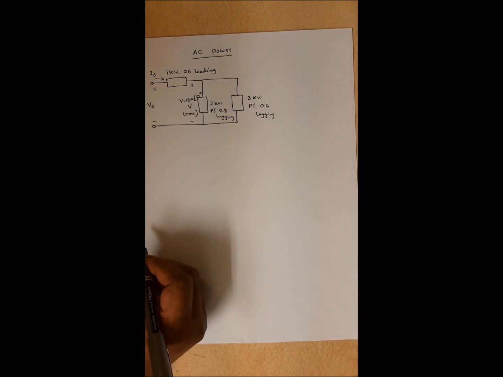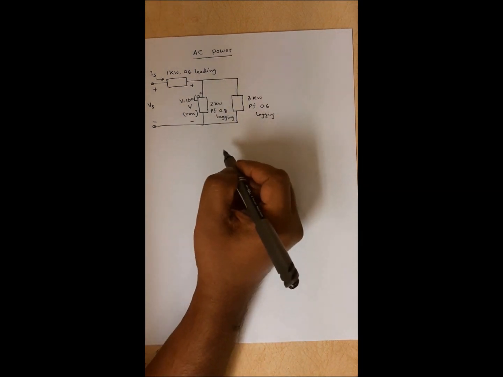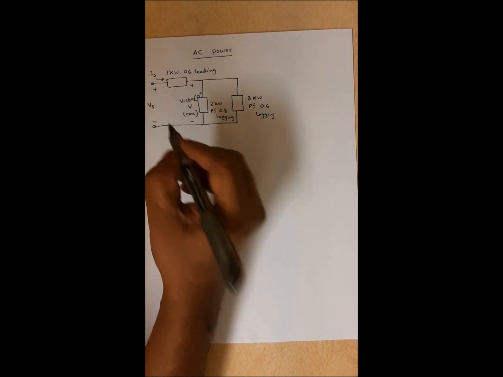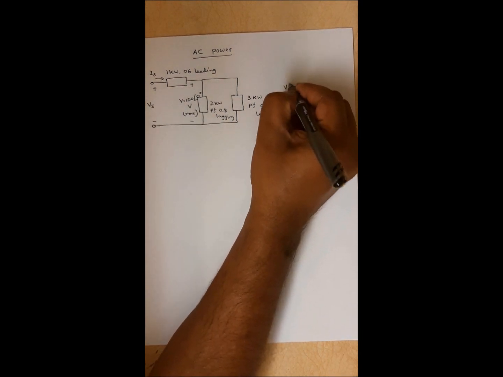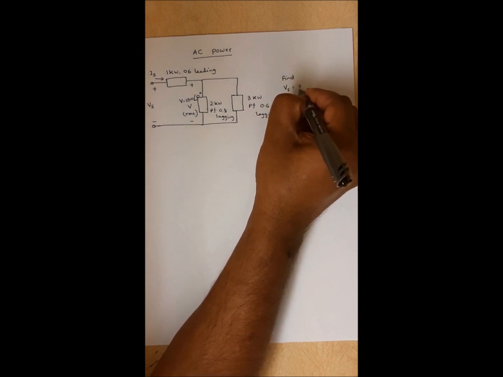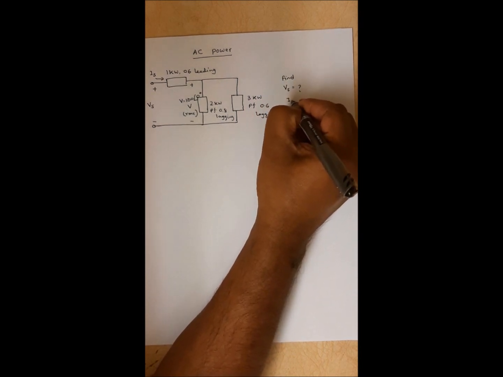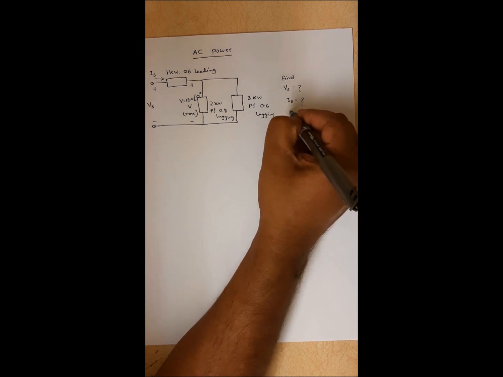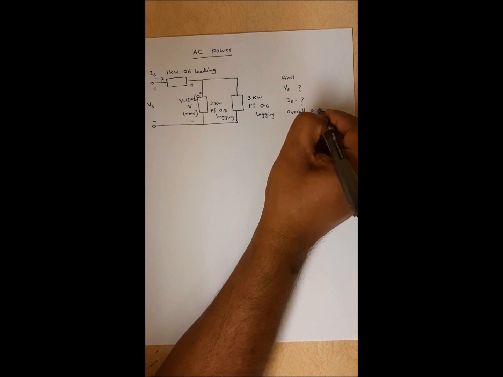So if this information is given, how can we find Vs? We need to find Vs, the supply current Is, and the overall power factor.